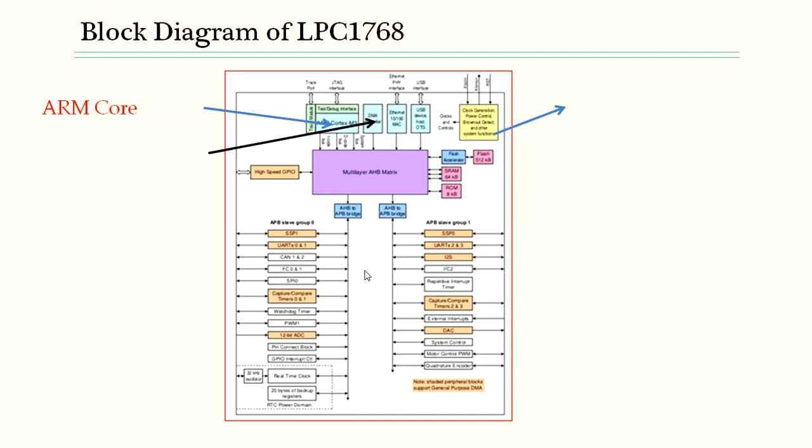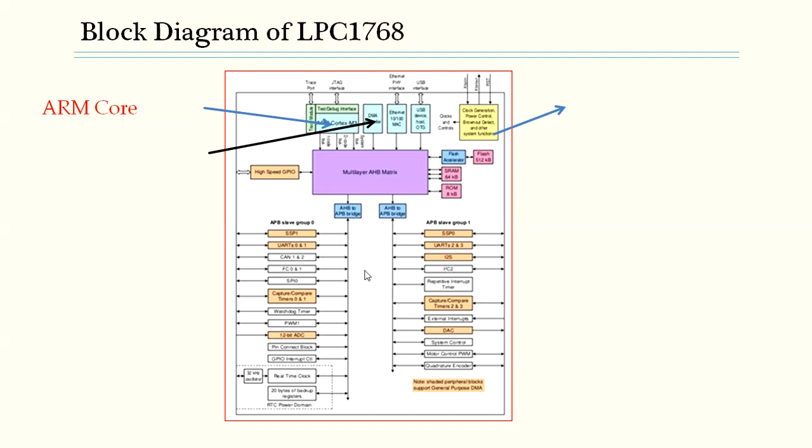The ICs, whatever we get of the ARM, are not from ARM. What they are providing is just the soft core. The core processor, which consists of the test and debugging interface, or it could also be the core CPU, the processor, the system bus, all that is only being provided by ARM in soft form. That means the RTL code, to be very specific, is provided by ARM.